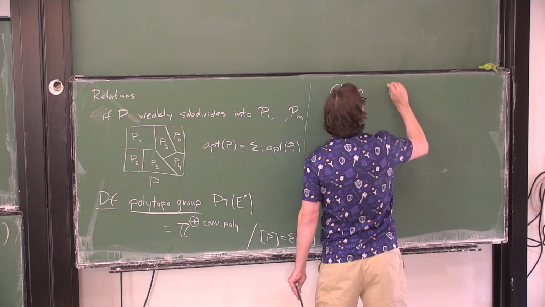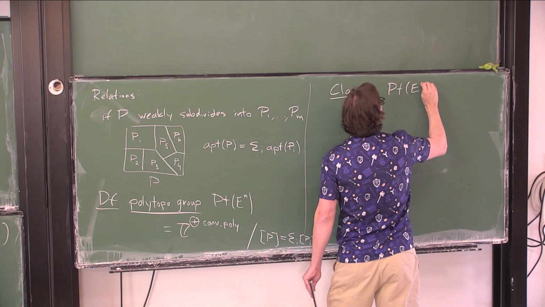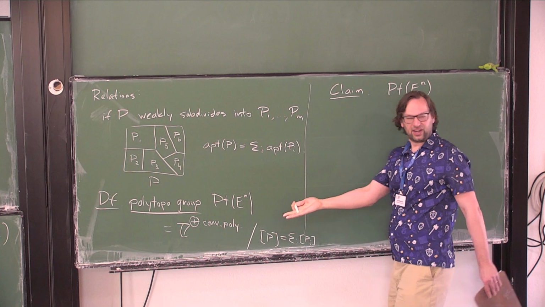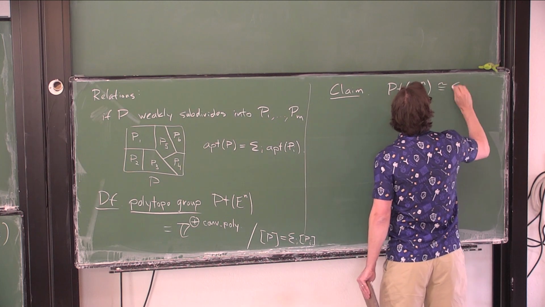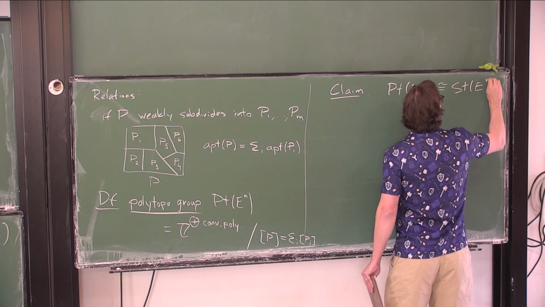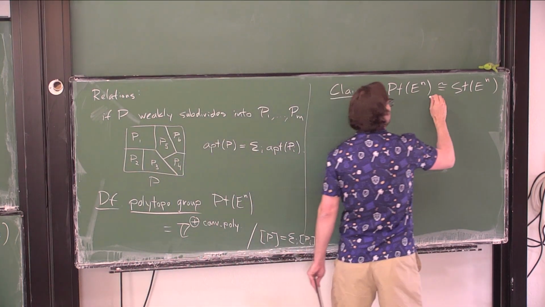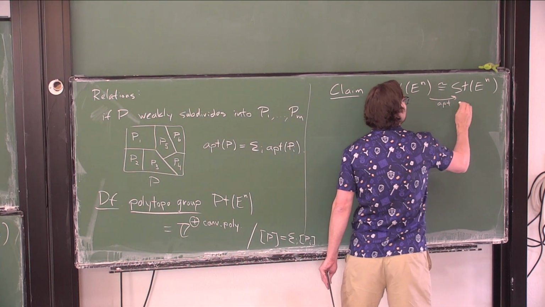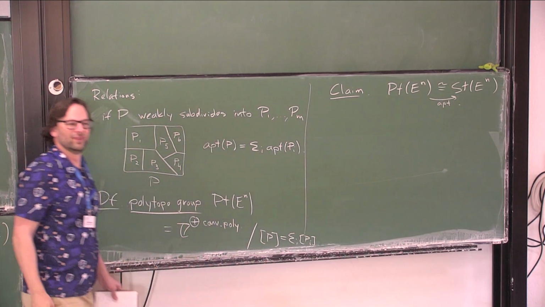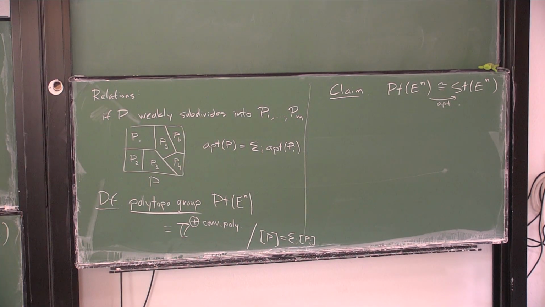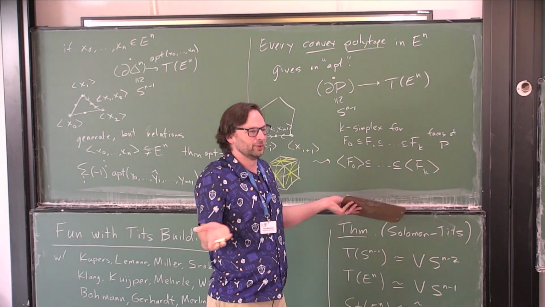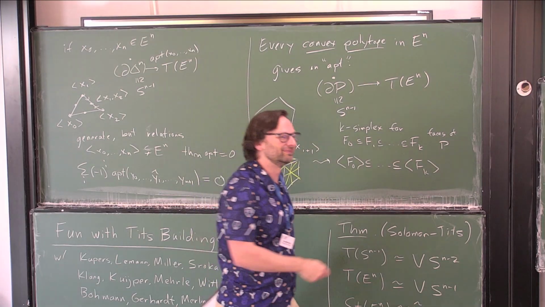Then the claim is that this polytope group presents the Steinberg module. In other words, this polytope group is isomorphic to the Steinberg group, and the isomorphism is by taking apartments. Cool, right? So this is a different way of thinking about Steinberg modules. They're groups of polytopes up to subdivision.